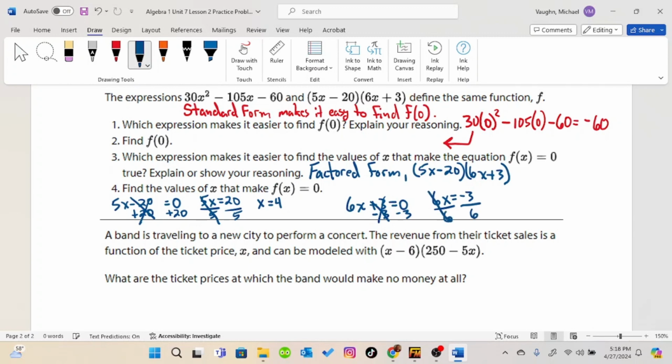That eliminates it from the left, and x equals negative 3 over 6, which equals negative 1/2. So standard form makes it easier to find y-intercepts, which means your input is 0, and factored form makes it easier to find x-intercepts, which means your output is 0.